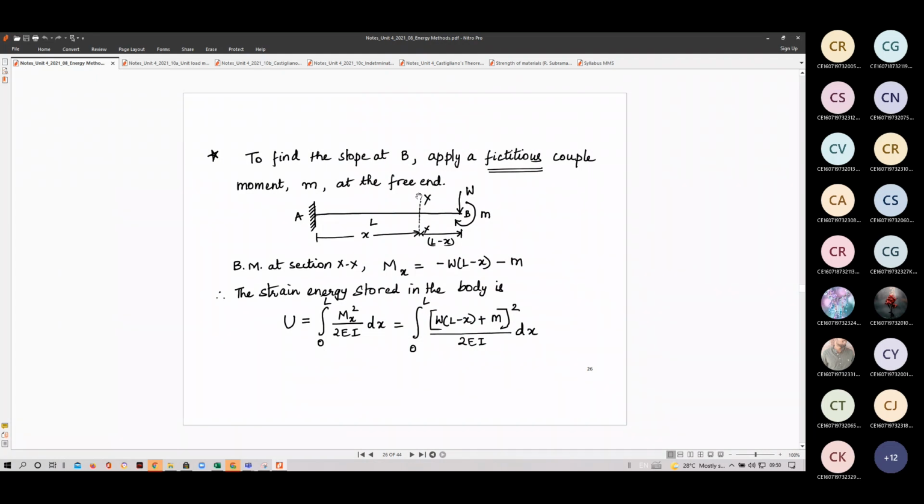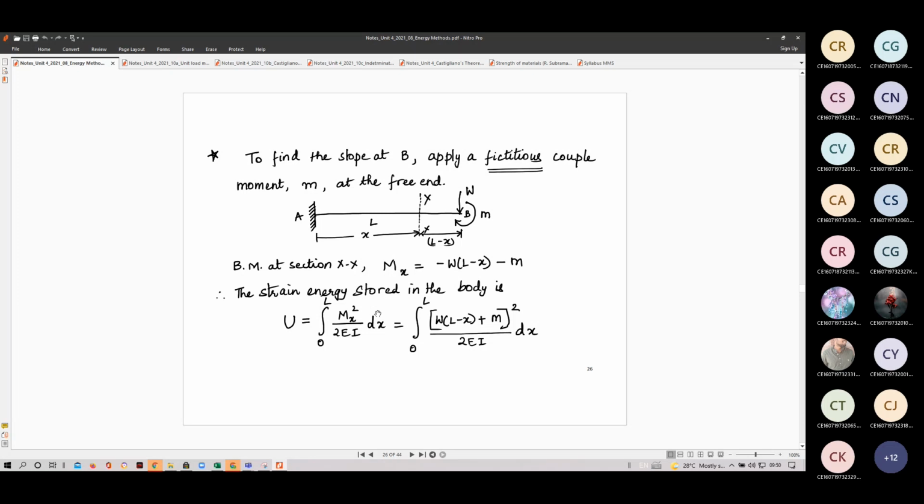Now I will calculate the bending moment. W into L minus X with a minus sign because it's hogging, and minus M again because it is hogging. So this moment plus this moment with the appropriate sign, I get the bending moment at any section X throughout the cantilever.